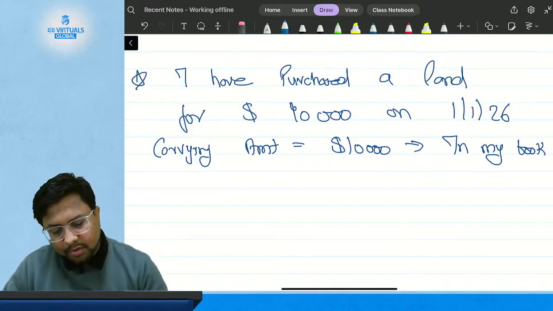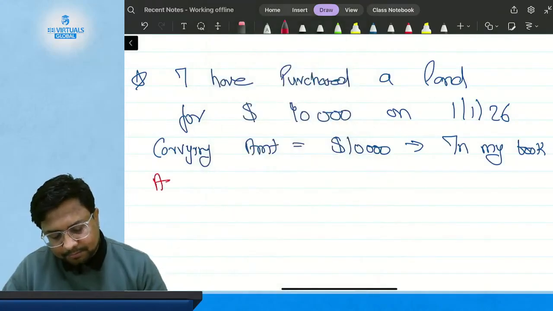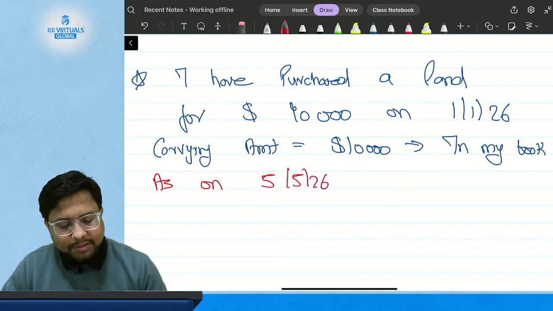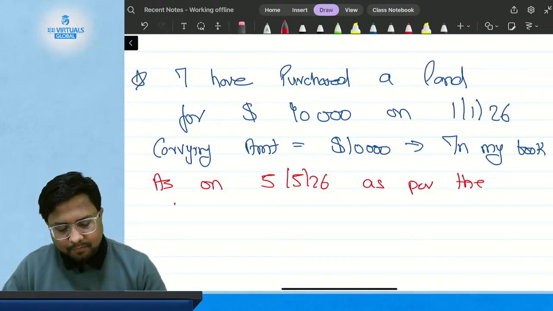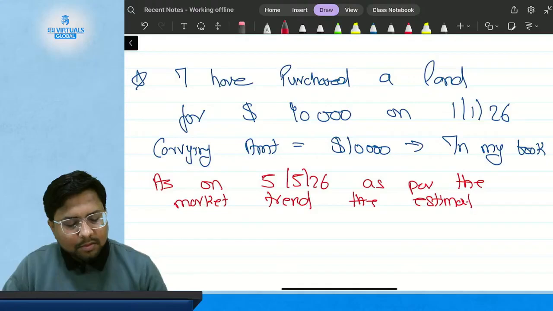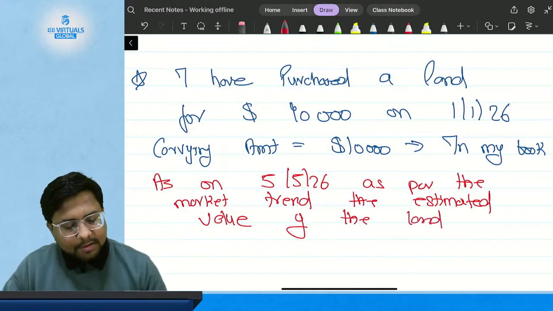But as on 5th of May 2026, as per the market trend, the estimated value of the land is $12,000.